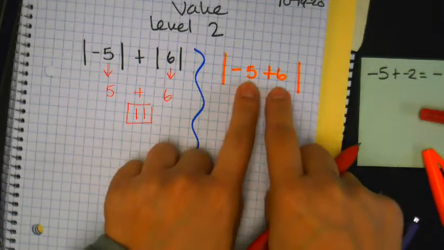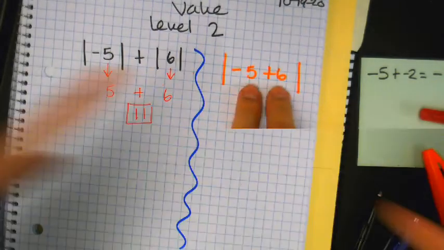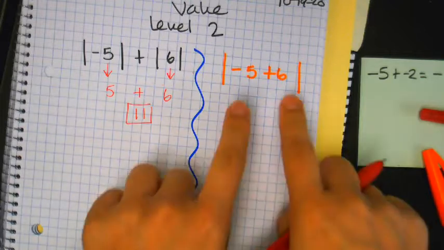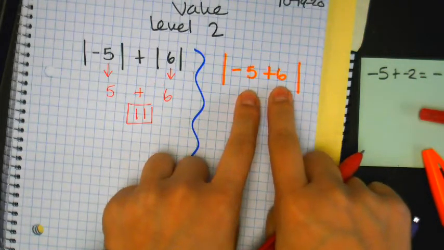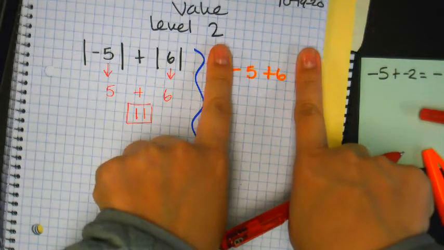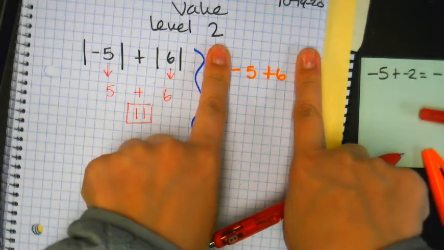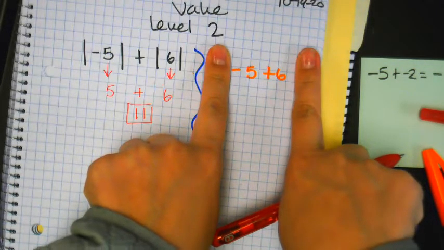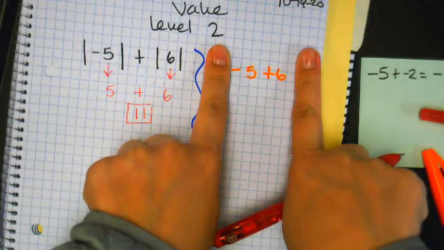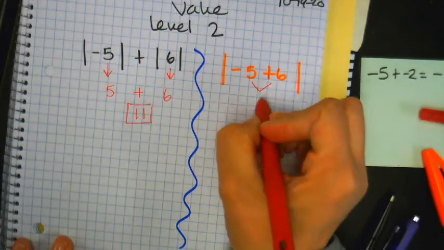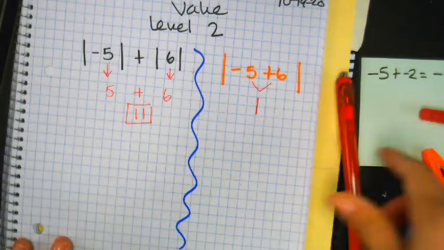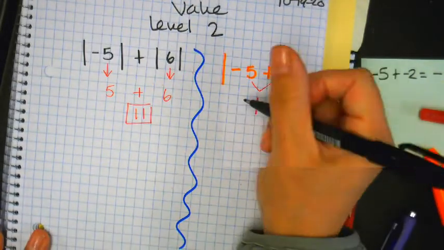When you have a problem inside, kind of like parentheses, you do the math problem inside without thinking about the bars. So what's -5 plus 6? 1. So this gives you 1, right? But now you have to take the absolute value of that number.